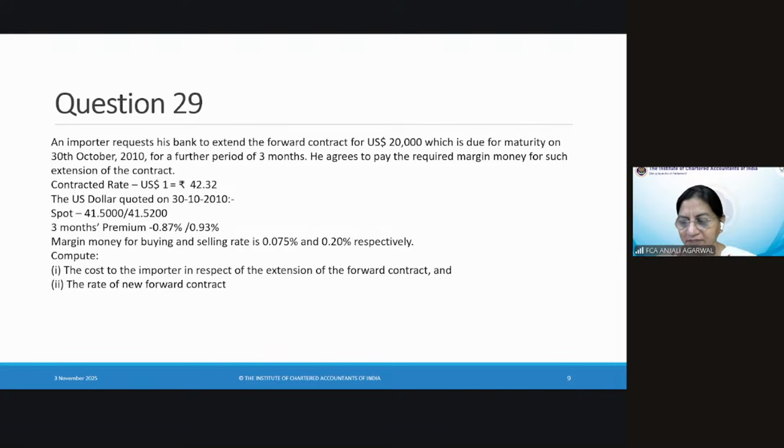Let us look at one similar question again. You have an importer. What would an importer do? Importer would have foreign currency payables.